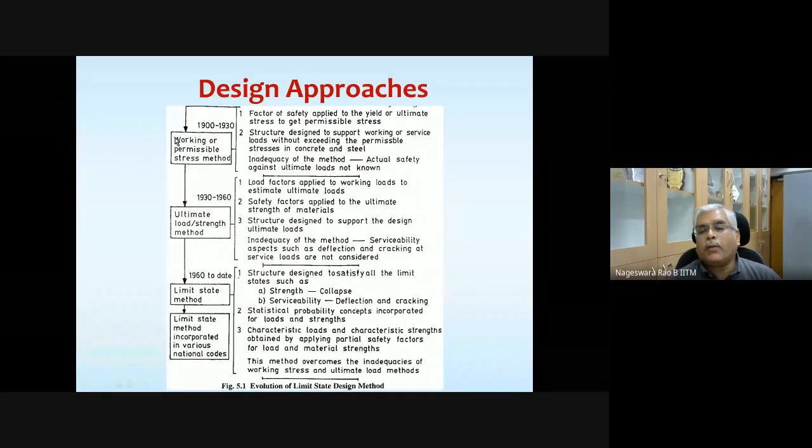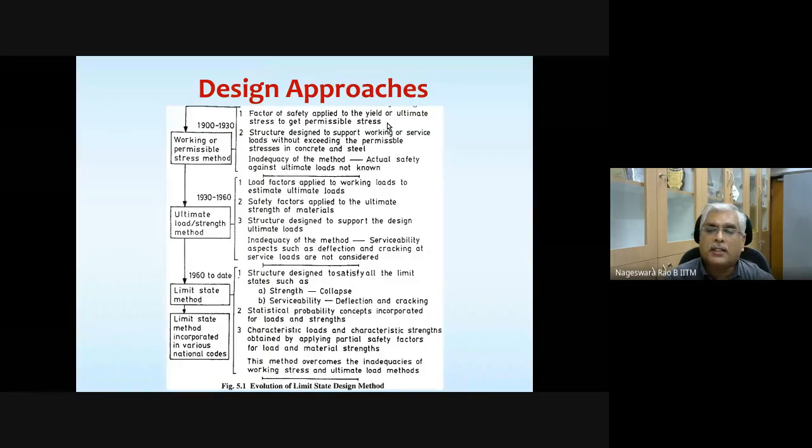Now let's see what the working stress method is, and how the design is carried out in it. A factor of safety is applied on yield or ultimate stress to get the permissible stress. You know the grade of concrete you are going to adopt, and the type of steel.